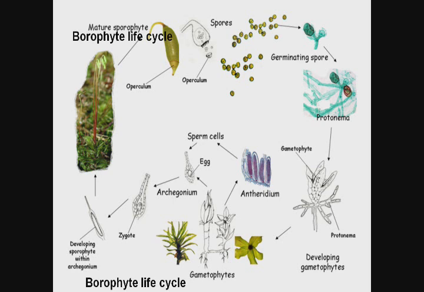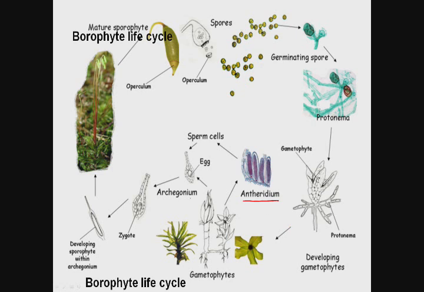So we are going to start from antheridium. Antheridium is produced on the male branch. And the other thing is archegonium.